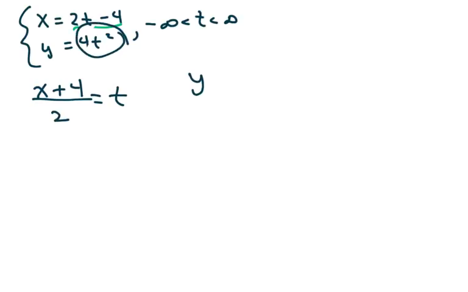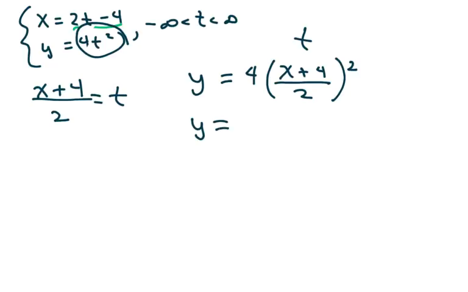So what I get is y equals 4 times ((x plus 4) over 2) squared, this is your t. And when I simplify that, I get y equals (x squared plus 8x plus 16) over 4 times 4.